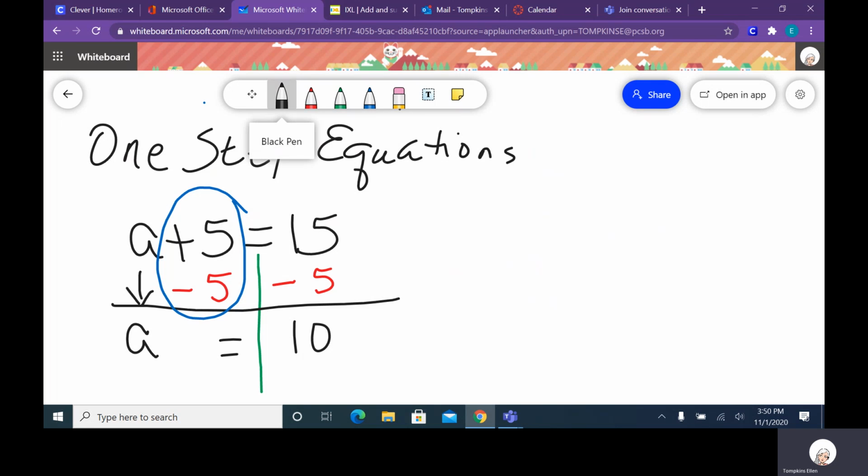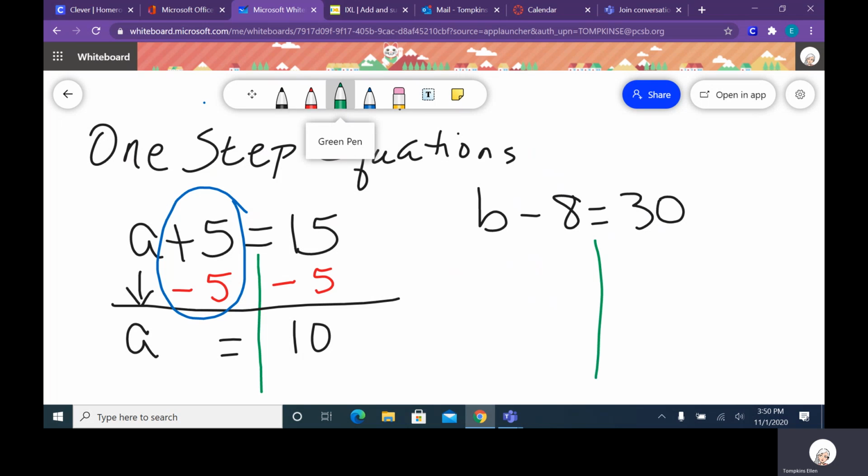So let's look at it from a subtraction perspective. If I have b - 8 = 30, I want to get that 8 pushed over that wall, so we're going to write the 8 on both sides. But I need to have the opposite sign, so that's a plus.